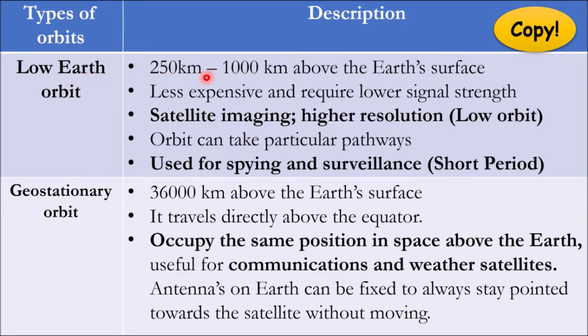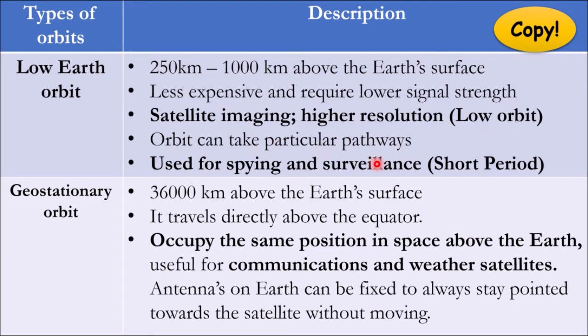For the low Earth orbit, the reason why you want to manufacture these is, firstly, it's less expensive and it requires a lower signal strength. Because it's closer to the Earth, the signal used doesn't need to be as strong. You can take satellite images. As we said again, a low Earth orbit will tend to be used for surveying the land and looking at different landscapes around our planet. It has a higher resolution because of the low orbit.